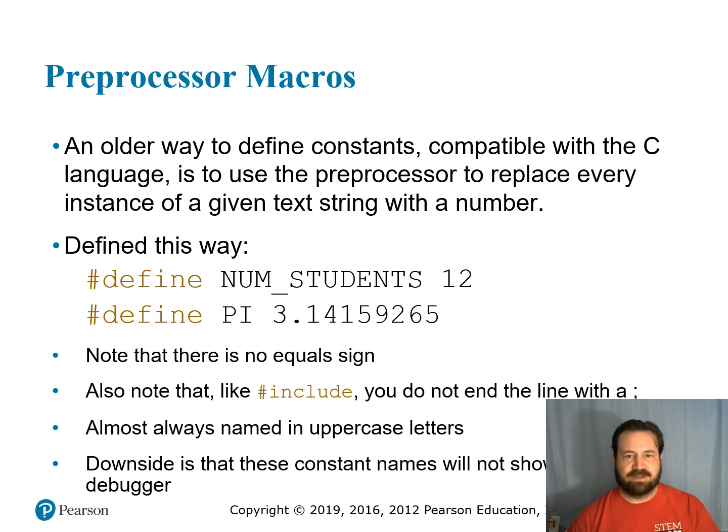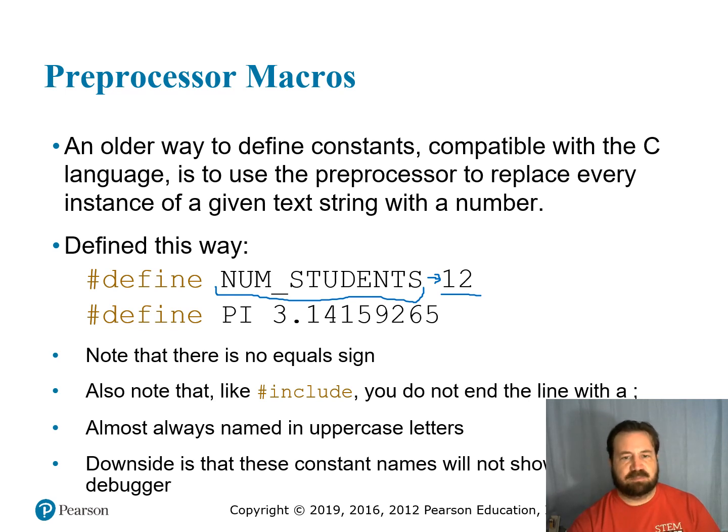And then everywhere that I use the words num_students with an underscore, the preprocessor will replace that with a 12. Note that there's no equals sign. We're not defining a variable here. We're just defining that every time the preprocessor sees num_students, it's going to replace that text with 12.